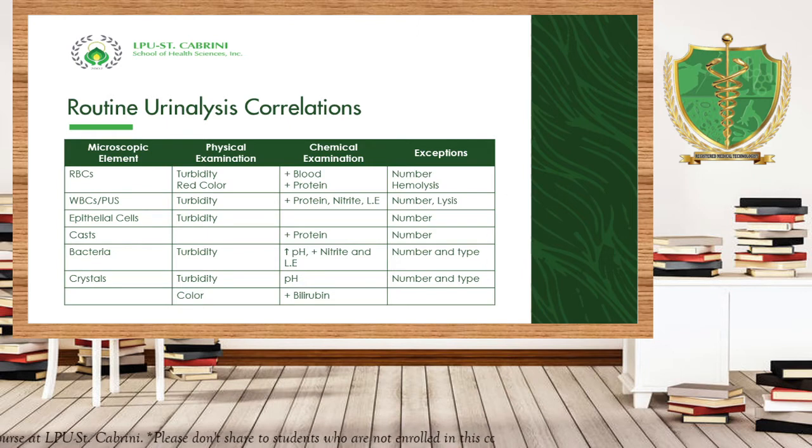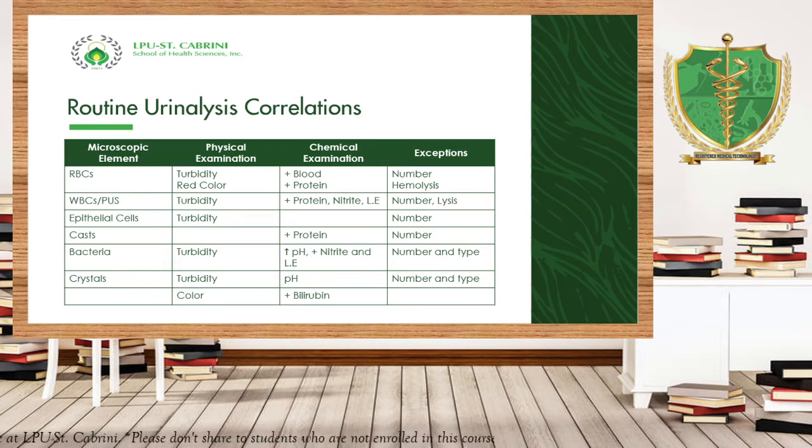WBC or pus, don't be confused if I say pus or WBC, because in urinalysis they are just the same. The correlation will be turbidity, and the chemical examination should be positive in protein, nitrate, and leukocyte esterase.